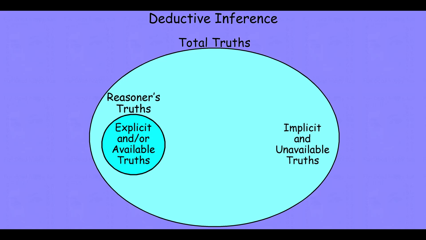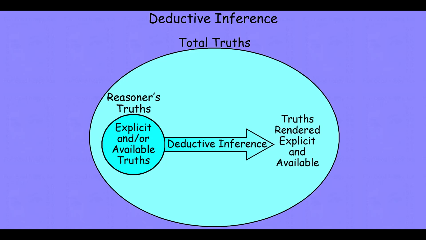Deductive inferences operate by taking that explicit and available information that the reasoner has and transforming that information to render other things within this circle of things that have to be true explicit and available to the reasoner for the purposes of adaptive responses, using it as input for another process or storing it to memory.